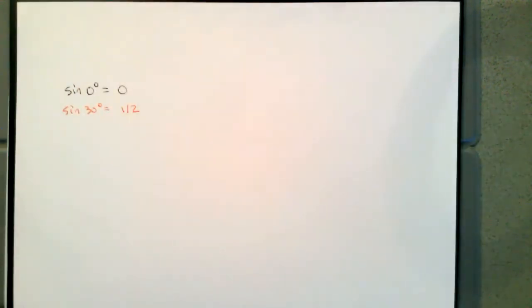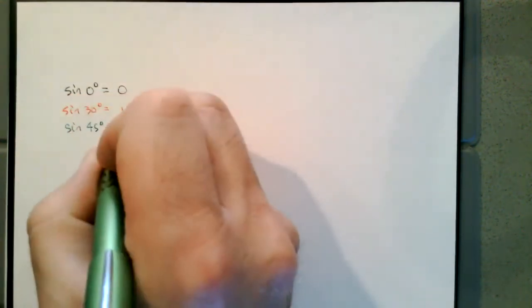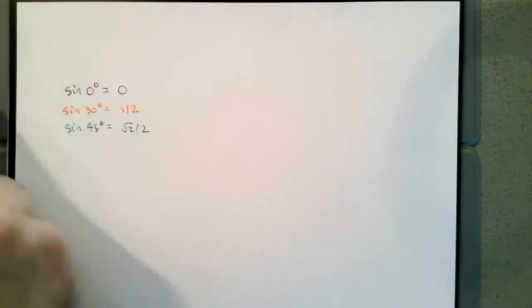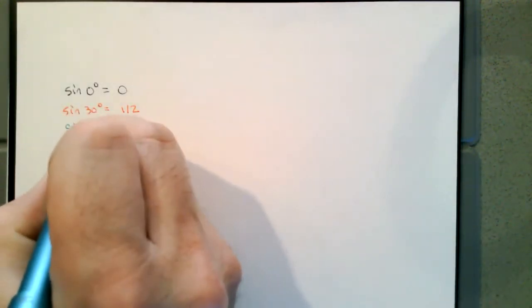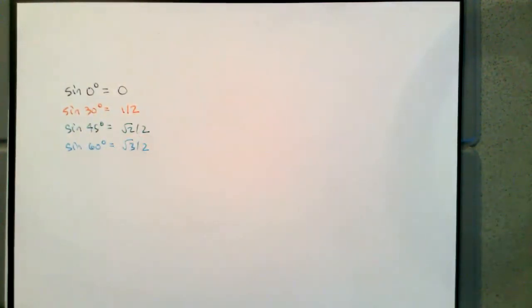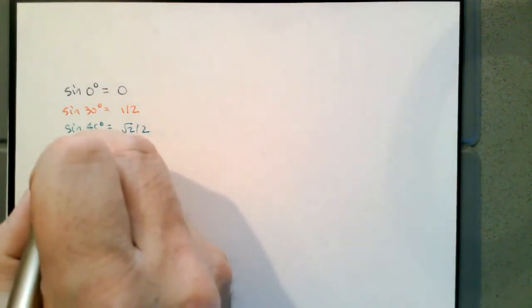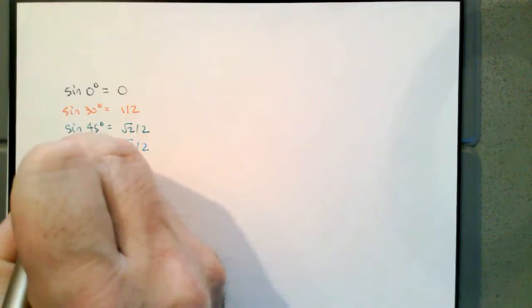The sine of 30 degrees is a half. Sine of 45 is root 2 over 2. Sine of 60 is root 3 over 2. And sine of 90 is 1.